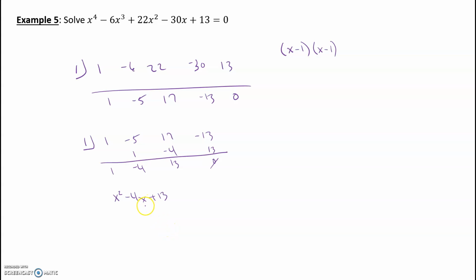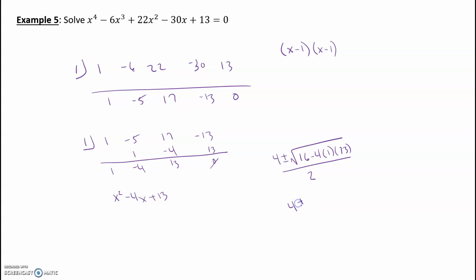Now here, we're stuck with the quadratic formula again. So opposite of b plus or minus the square root of b squared minus 4 times a times c, all over 2 times a, which is 2.